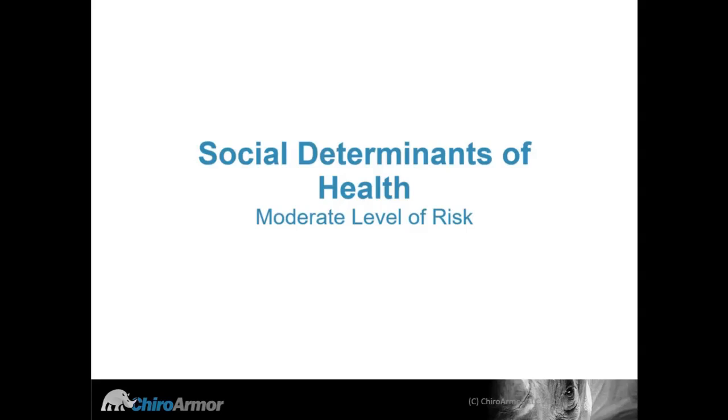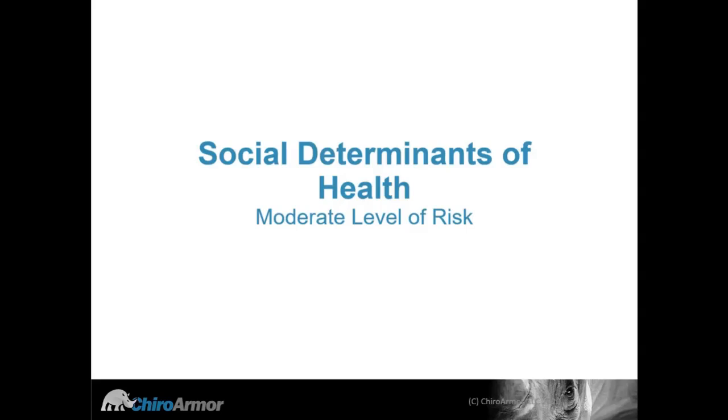Those are economic and social living conditions that can influence access to care. We could be talking about food insecurity or housing issues or transportation issues or a lower socioeconomic status from a financial perspective. There can be barriers to access of care or the type of care that the patient may need.